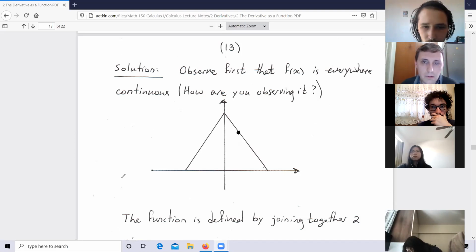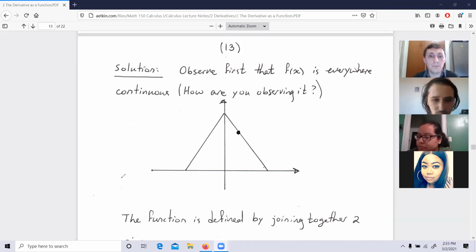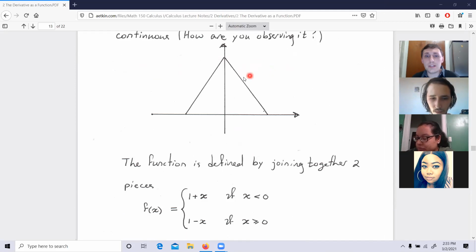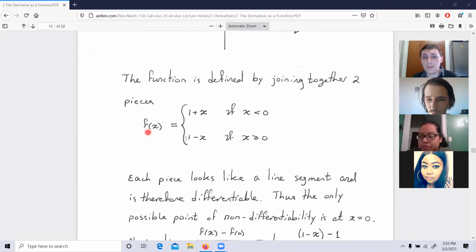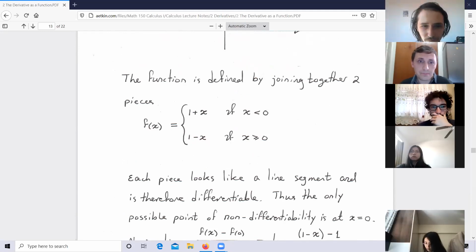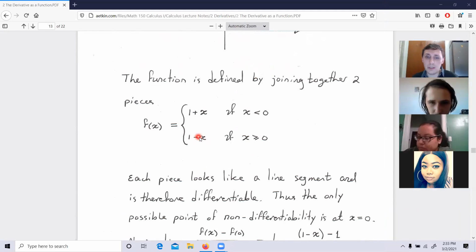Minus 1. Very nice. Very nicely done. Minus 1. Now, guys, do you understand why it's minus 1? I don't even need to explain. It's because when x is positive, absolute value can be dropped away. And we have 1 minus x. And you see that the coefficient of x is minus 1.